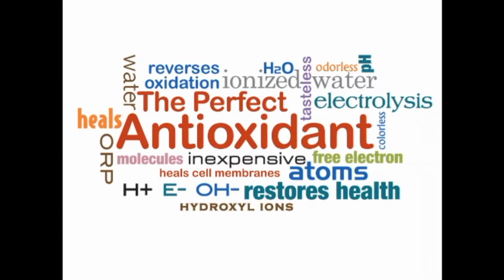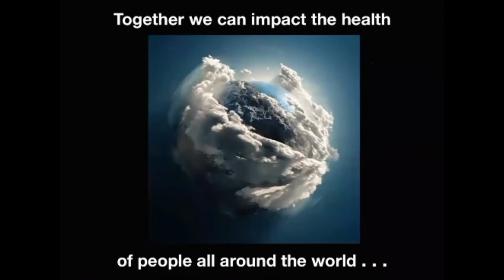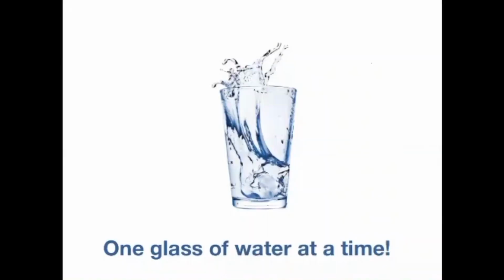And this is how we really can impact the health of the people all around the world. We really can, by sharing this water, by sharing the technology, and by understanding how it works in your body so you can answer their questions. You will inspire them to want to drink the water. And so we can easily impact the health of people all around the world, one glass of water at a time, because it's filled with antioxidants.